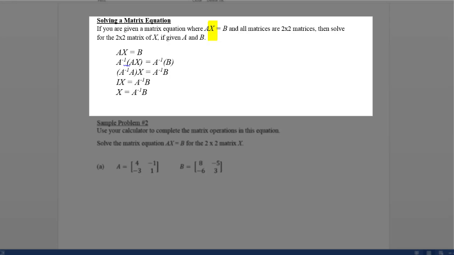And so in doing general algebra, this would work very similar to ax equals b. But the problem here is we would normally divide both sides by A to get rid of the A and have X by itself. Unfortunately, in matrix algebra, there is no division. You can't divide by a matrix.